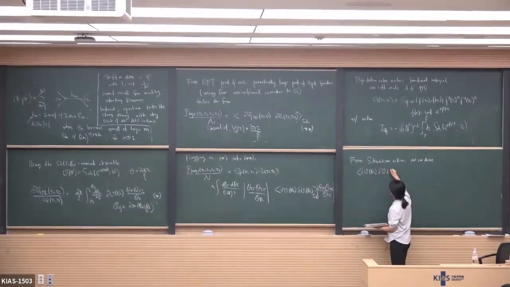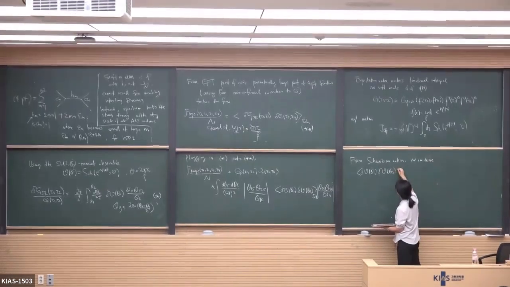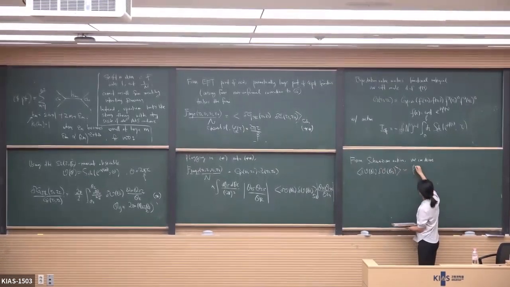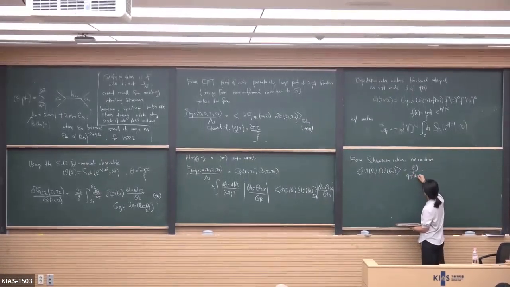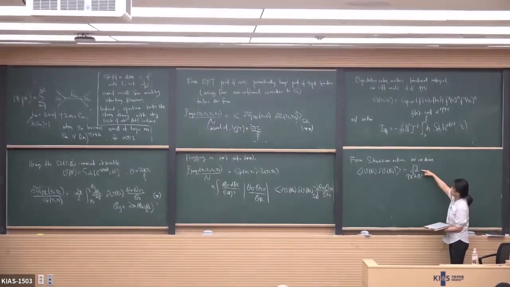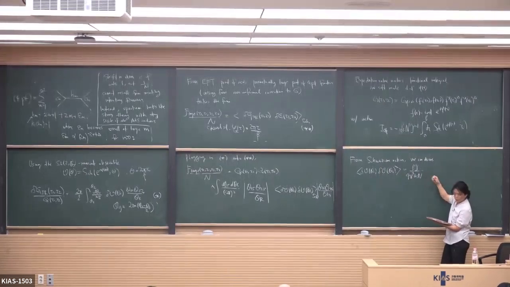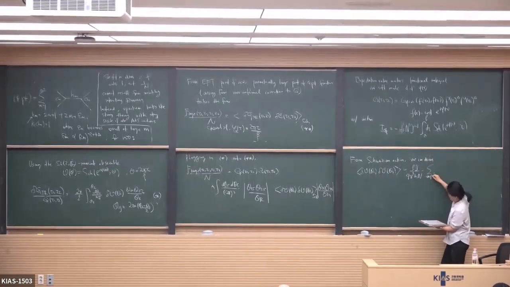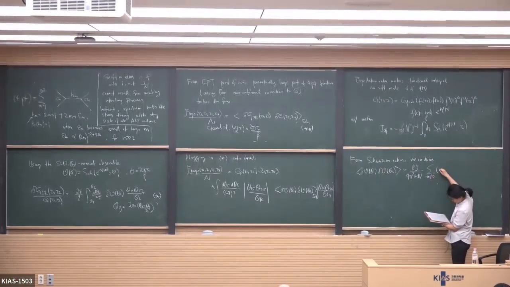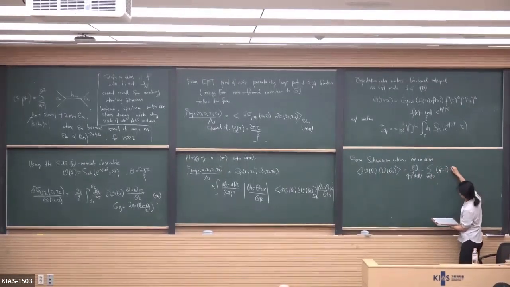The propagator of delta O theta 1, delta O theta 2 is beta J over curly J over 4 pi squared alpha S, sum over n, m not equal to 0, e to the i m theta.